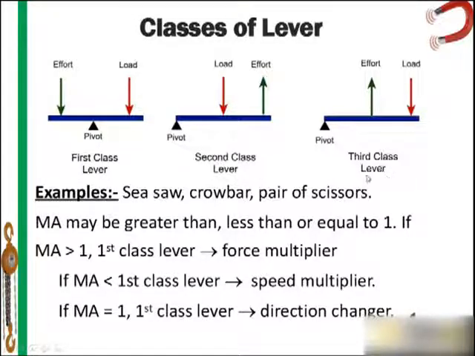Finally, with the third class lever, the pivot is at one end of the lever and the load force is acting downwards at the other end, illustrated by the red arrow, and the green effort force is acting upwards somewhere in the middle of the lever. So these diagrams give you an idea of the classification of levers based on the position of the pivot, the load, and the effort relative to each other.